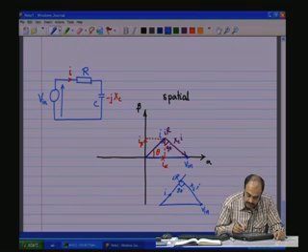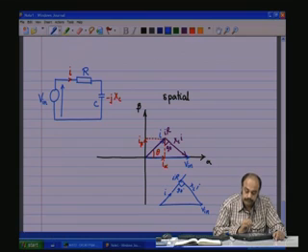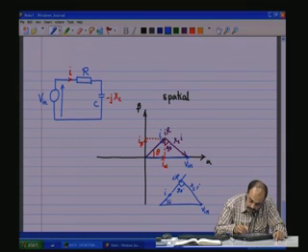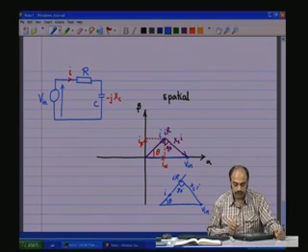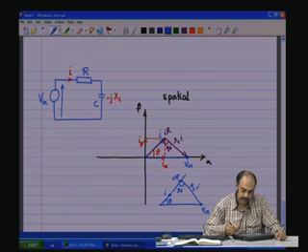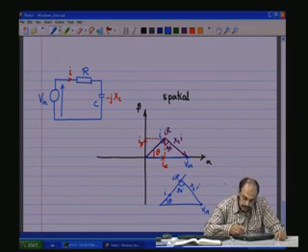So, this and this vectorially add up to V in, and there is an angle theta with this as the hypotenuse. So, the opposite side divided by this side will give you the tangent of the angle, and that is going to give you the phase angle. So, tan inverse XC by R will be theta.